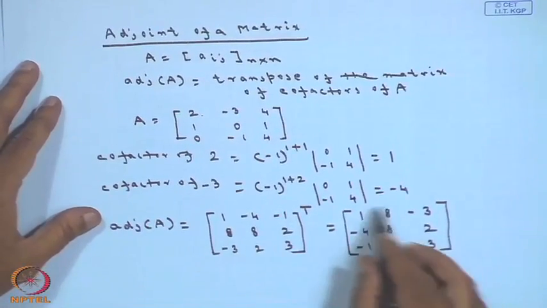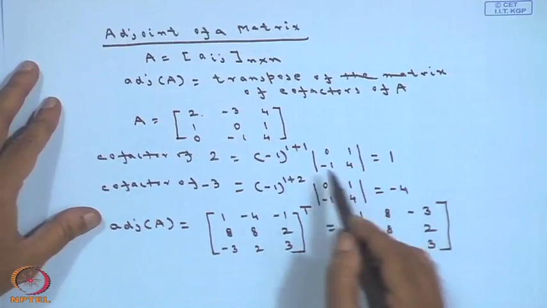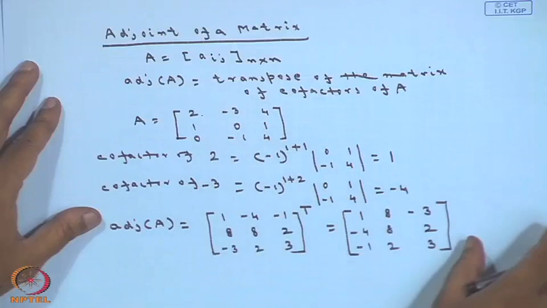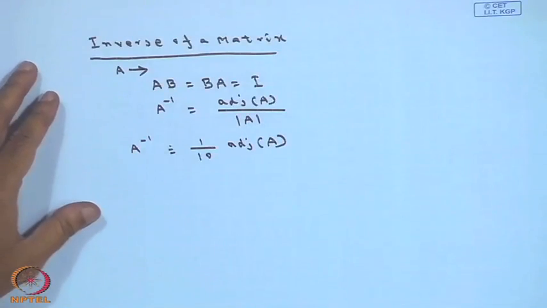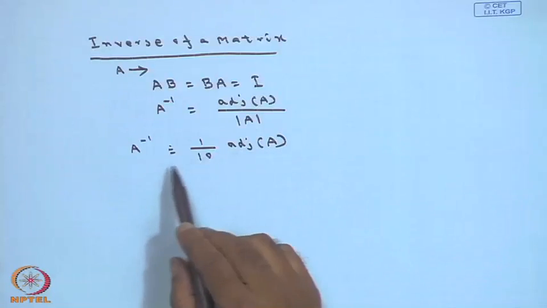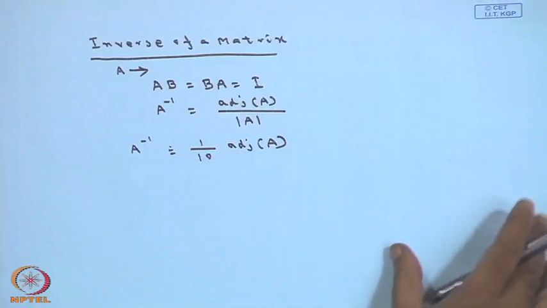The value of the determinant of this matrix A is 10. So, therefore, our A inverse becomes this one.